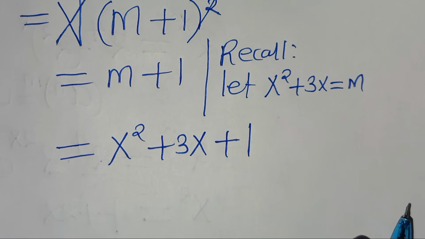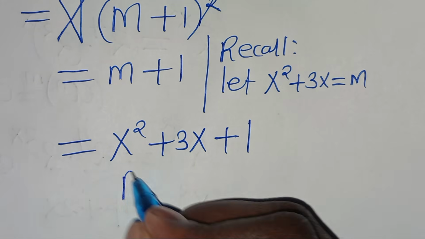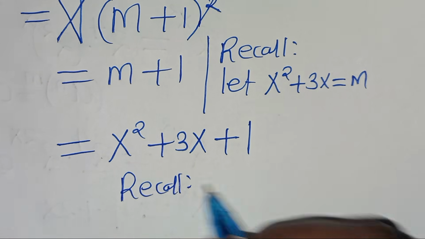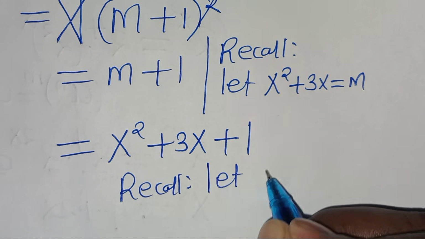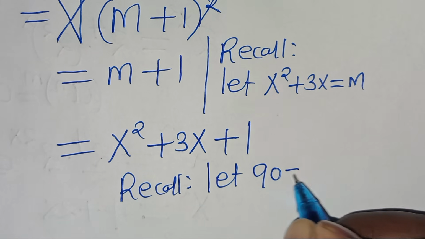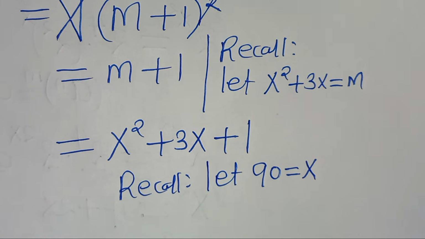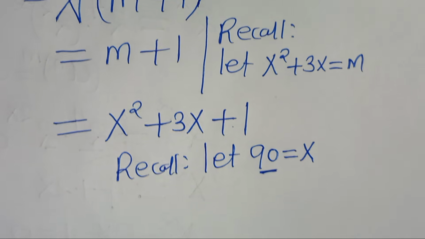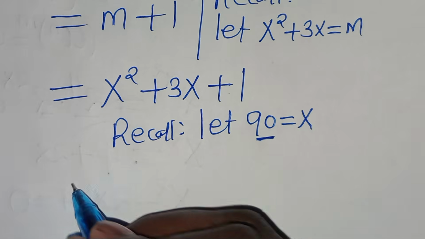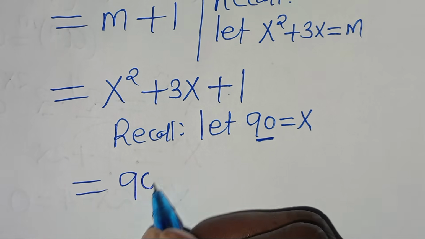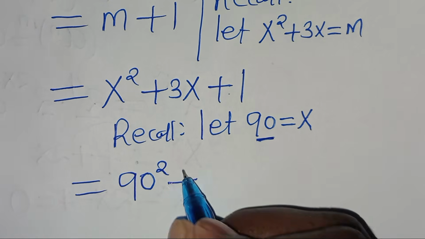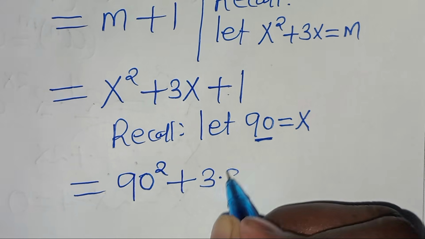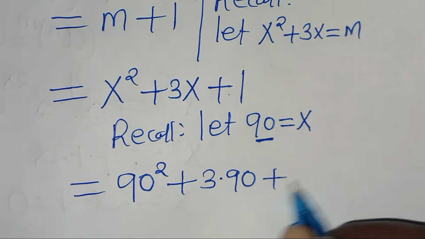The next step is that, if you recall, we let 90 be equal to x. Let's substitute x with 90 from what we have here. So this is the same thing as 90 raised to the power of 2 plus 3 multiplied by 90, then plus 1.